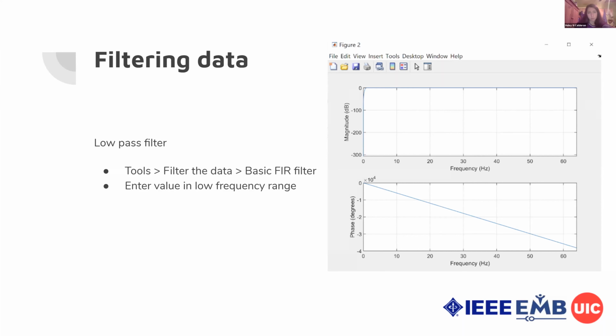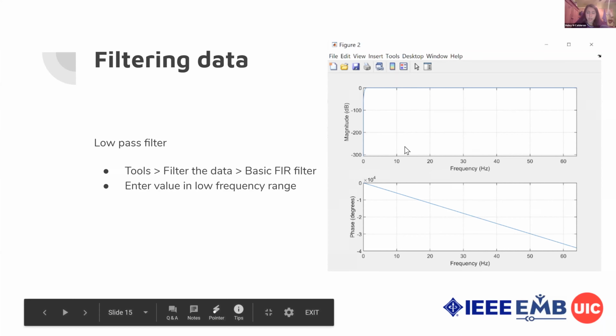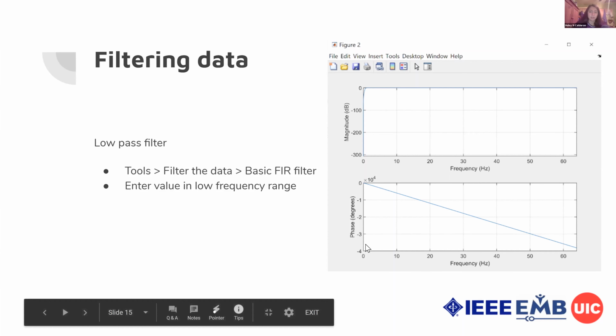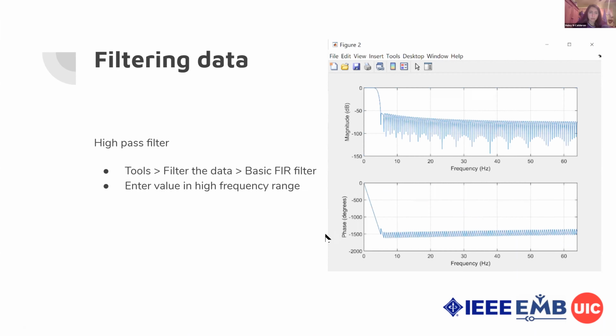For the purposes of the low pass filter, you obviously enter in a value to the low frequency range. So for this, I entered in the frequency of 1. So then it shows the plot of the magnitude and the phase.